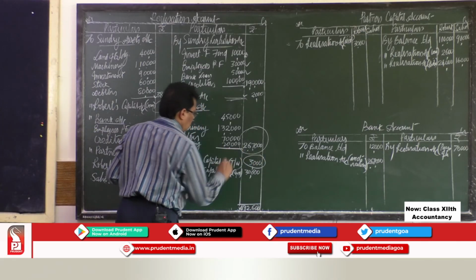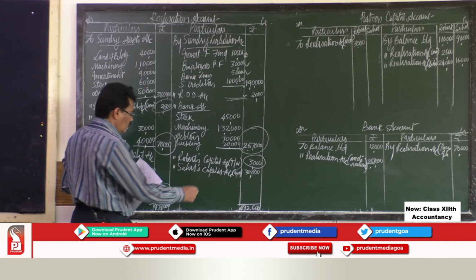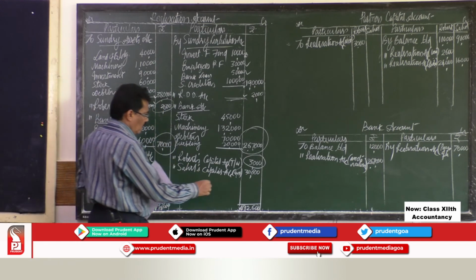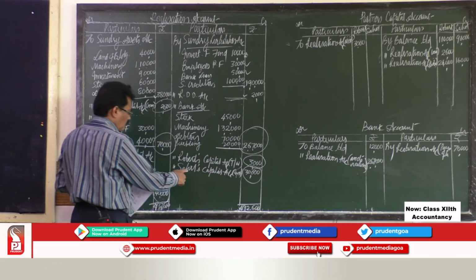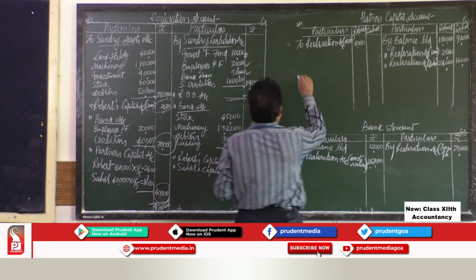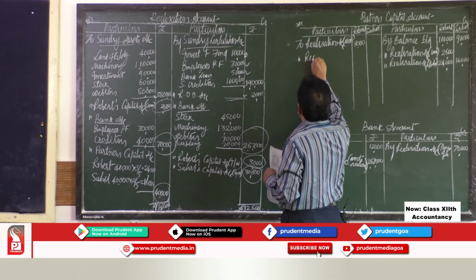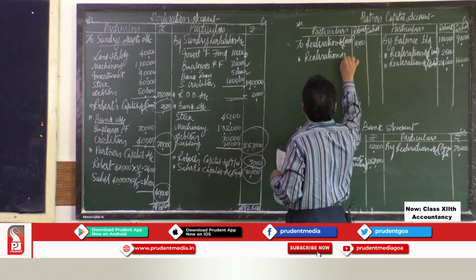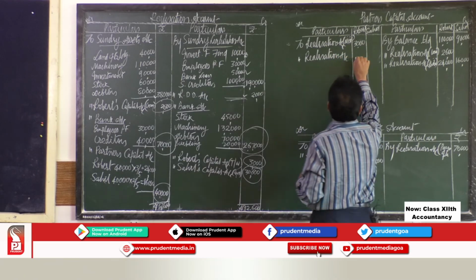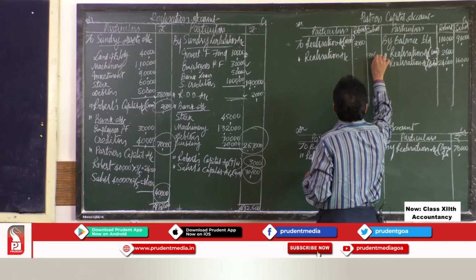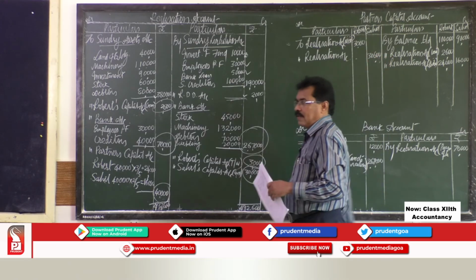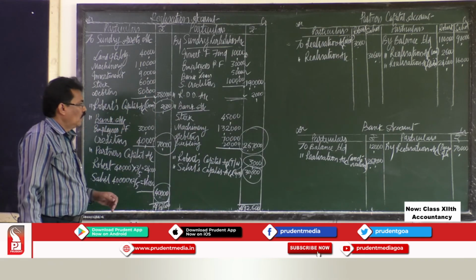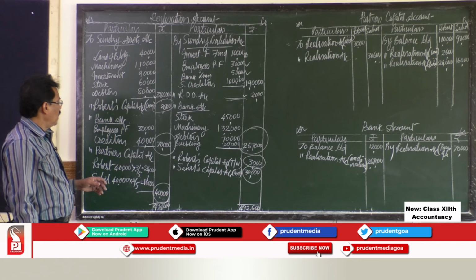Now this is done. Now let us go to the next partner, Sahil's capital account debit to realization account. So in Sahil's capital account to realization account, in Sahil's column 30,600. So we have done all the adjustments.